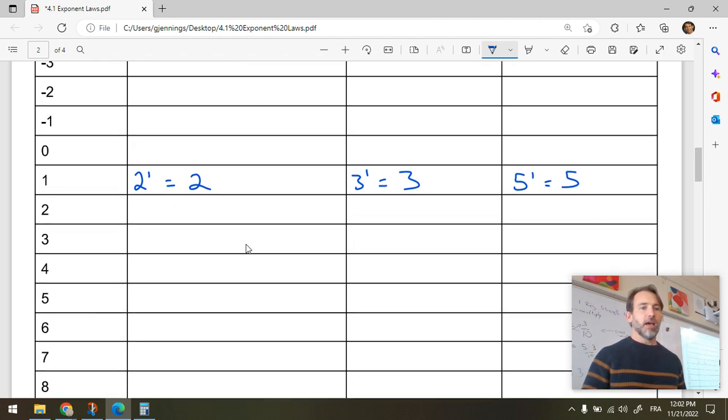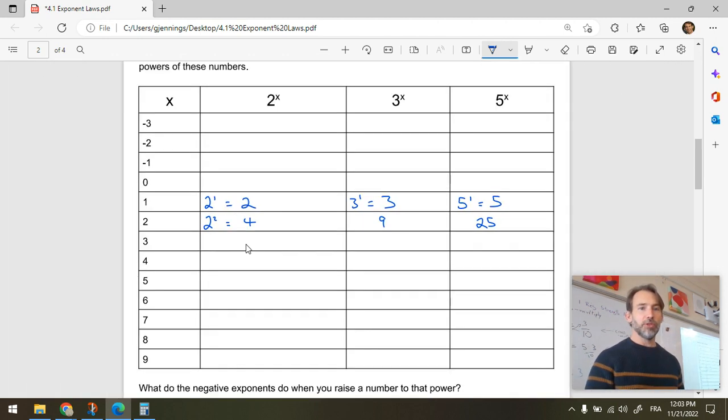And then, how about 2 raised to the power 2? What is that? Well, it's just 4. It's 2 times 2. 3 to the 2? 9. And 5 to the 2, what's 5 squared? 25. So these are the parts of the table that you can probably do in your head.